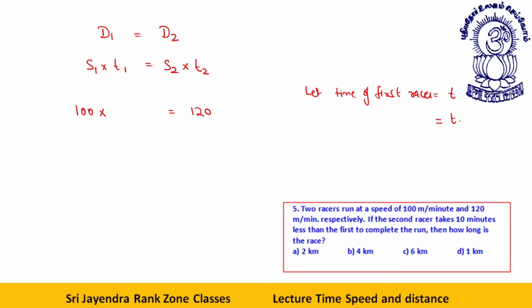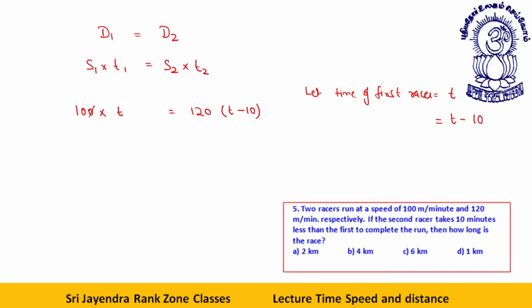If this is t, this will be t minus 10. This is all in meter per minute, everything is in minute, okay. So 100 into t, and 120 into t minus 10.